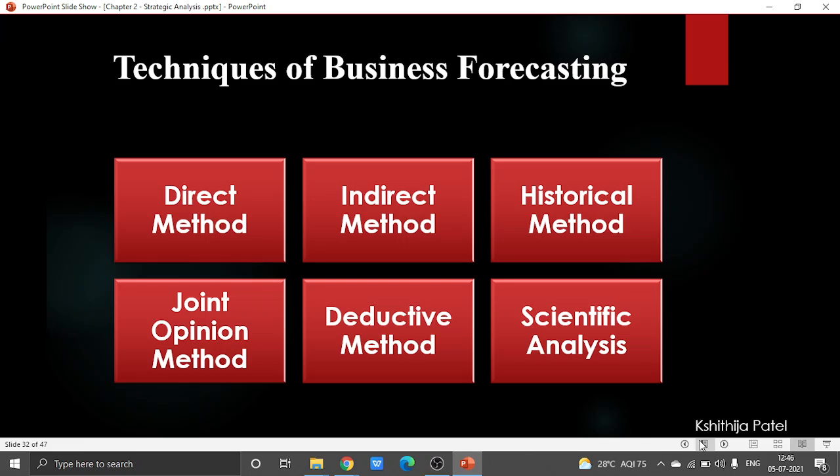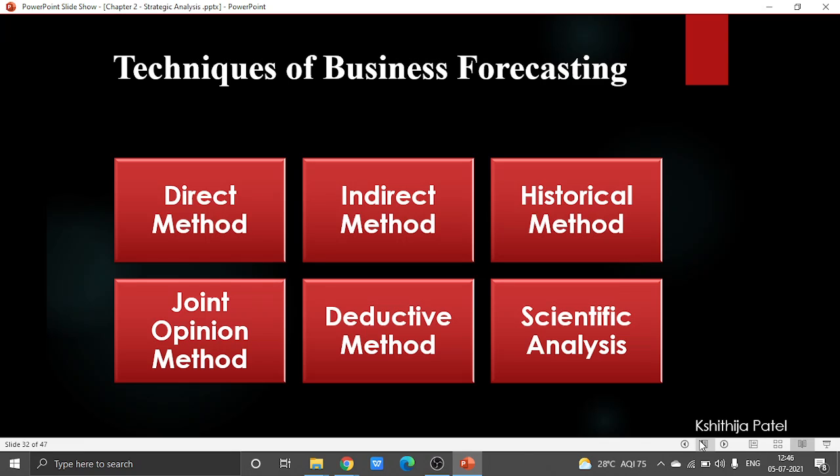Now then we have the deductive method. We have also discussed the deductive method, but to brief it, this does not consider the past. The deductive method starts with the present and carefully studies and analyzes the present circumstances and situation.